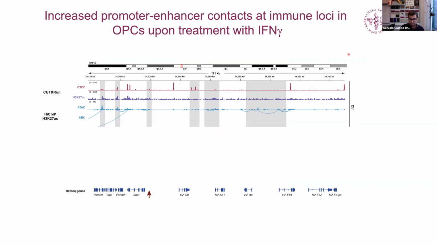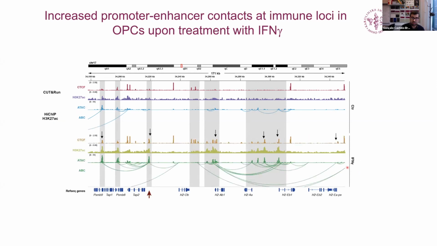So then what Mandy and Enrichment did was investigate, for instance, CTCF binding, H3K27 acetylation, and also they did HiChIP and used the ABC model to see how the promoter-enhancer interactions were in OPCs in control or OPCs treated with interferon gamma.